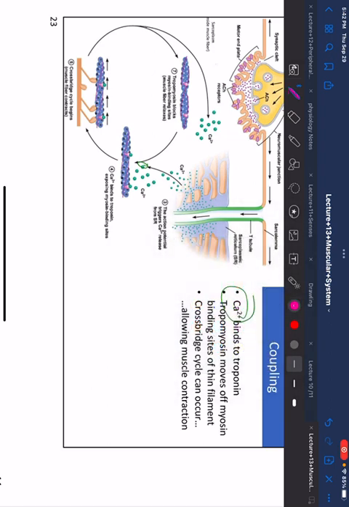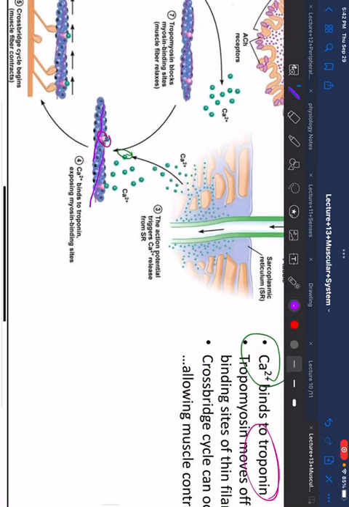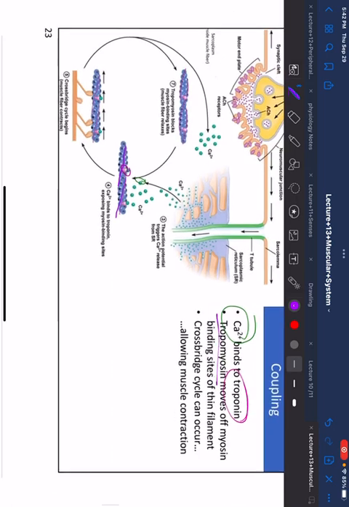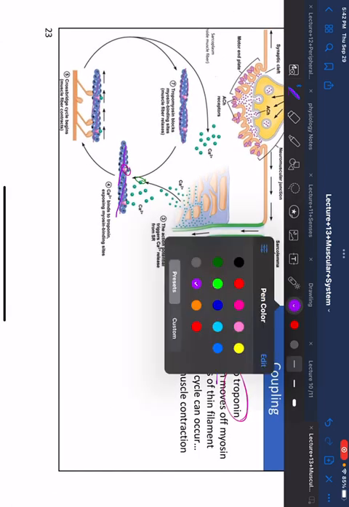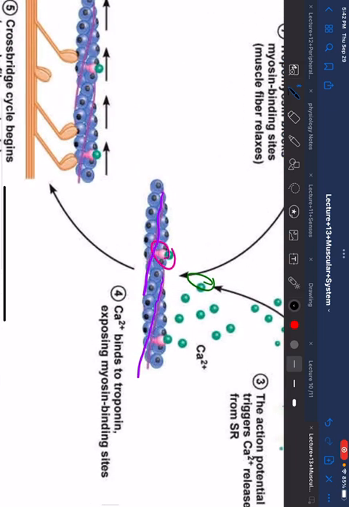And that moves the tropomyosin cable in purple off those black myosin head binding sites. And thus, that allows the myosin heads of the thick filament to then interact with the thin filament above it, allowing for cross-bridge cycling to occur in muscle contraction.